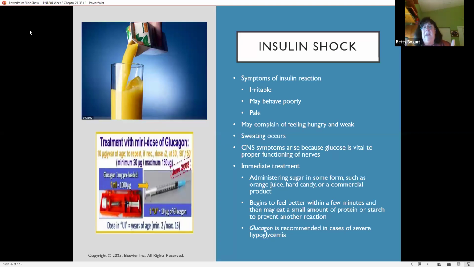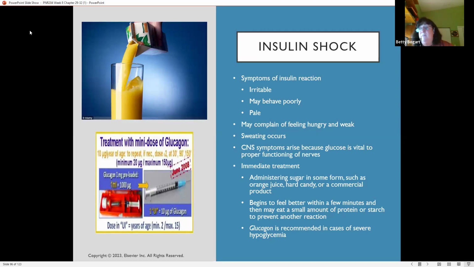These children, if they don't have a good glucose, they're going to become irritable, they're going to become irrational, not acting the way they should. They go pale because they're not getting sugar. Their blood sugars are low. They're going to feel weak and hungry and nauseous. They're going to sweat.